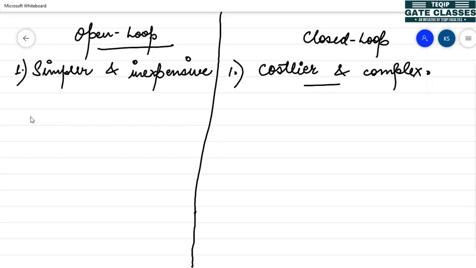We have to feed back the output and then compare it with a reference signal to generate the error signal. That's why it is costlier and complex.